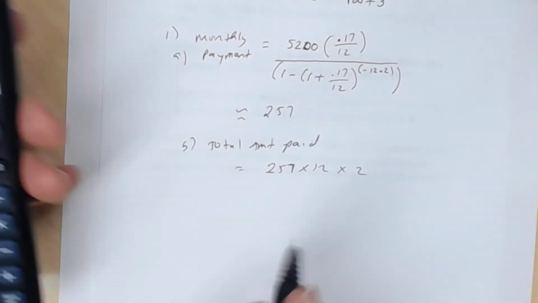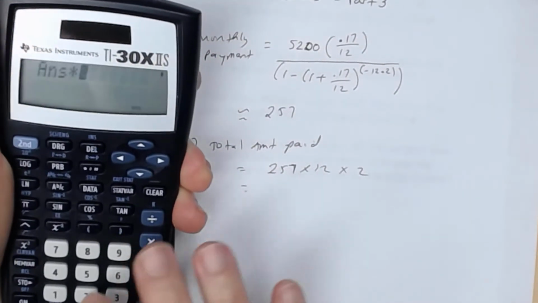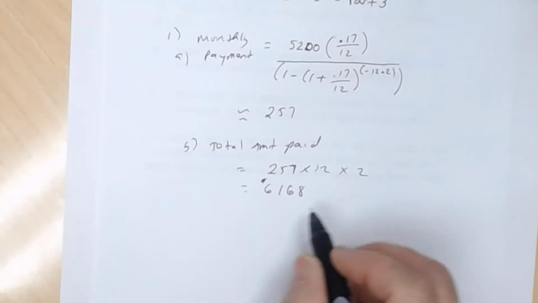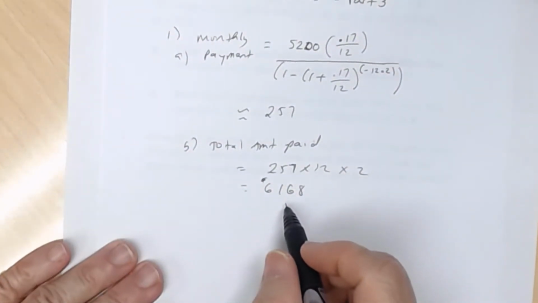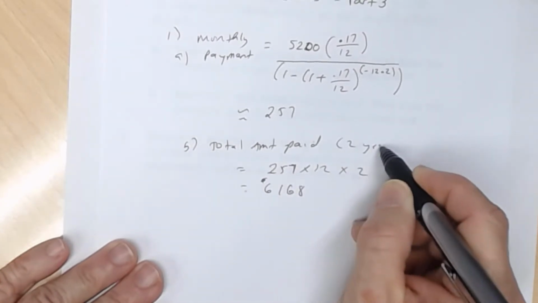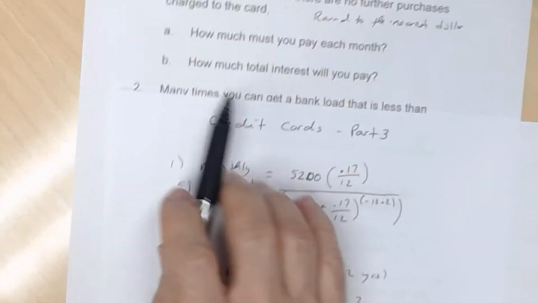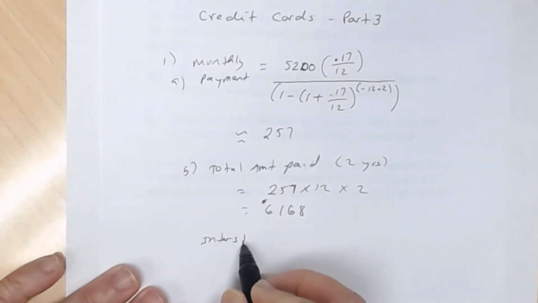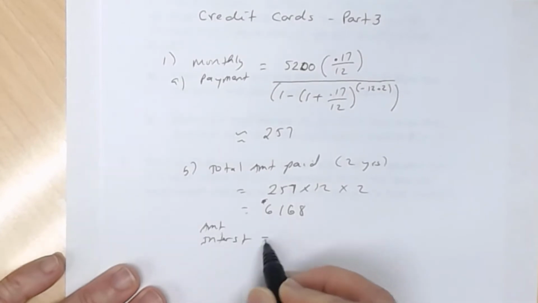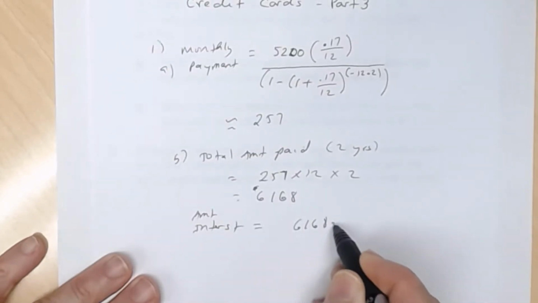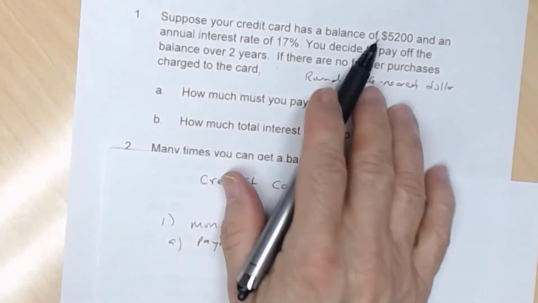So in 2 years, I will have paid $6,168. Okay, so that's how much you would pay in 2 years. So that's the total amount paid in 2 years. Now if I want to find how much interest this is, the amount of interest is going to equal this amount minus what my balance was.